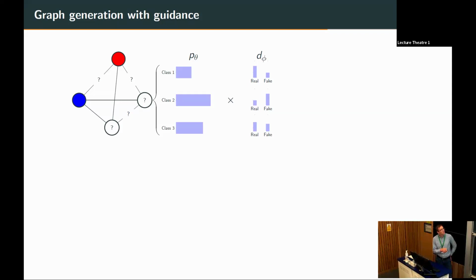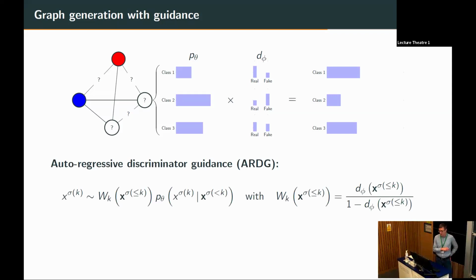This gives me some probabilities for real versus fake, and I multiply those with the probabilities given by this neural network here and update the class probabilities accordingly. And then I simulate from that distribution. So this is the first algorithm that we considered, which we refer to as autoregressive discriminator guidance.